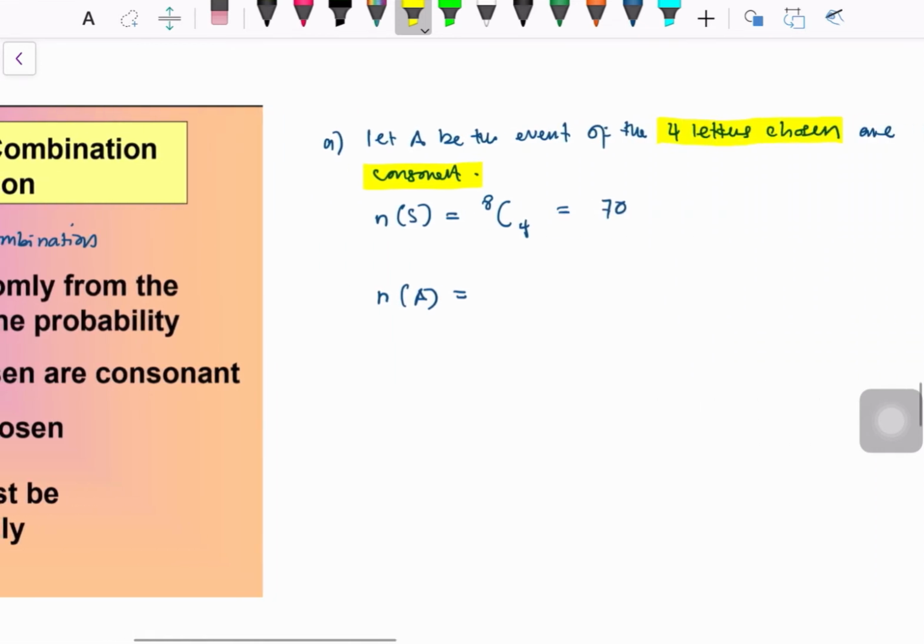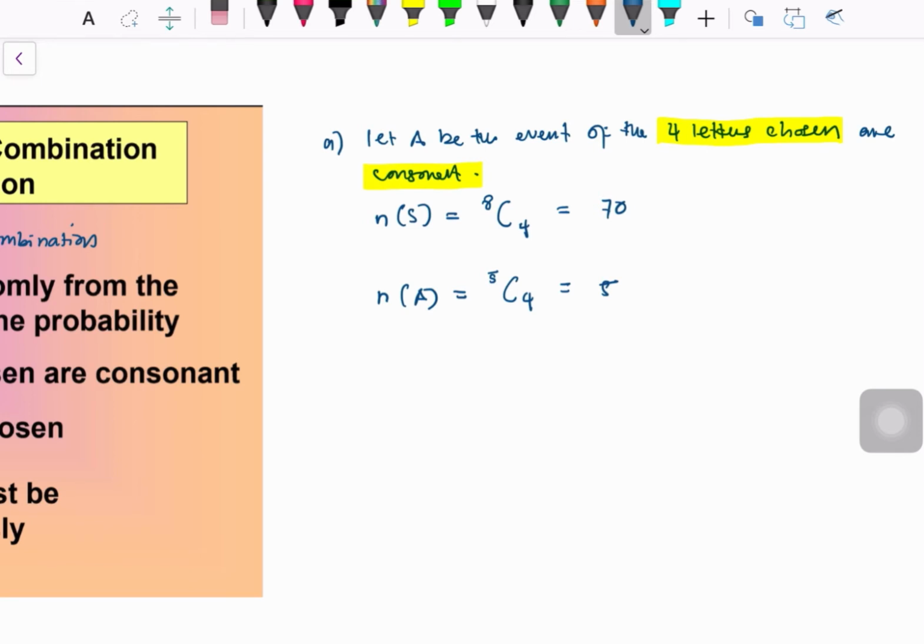Out of these 5 letters, we choose 4, which is 5C4, equivalent to 5.